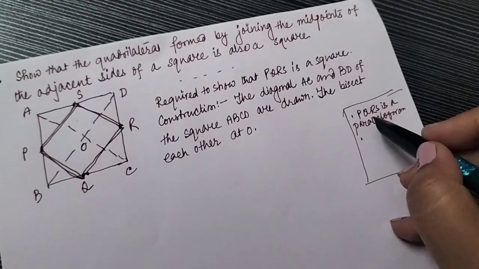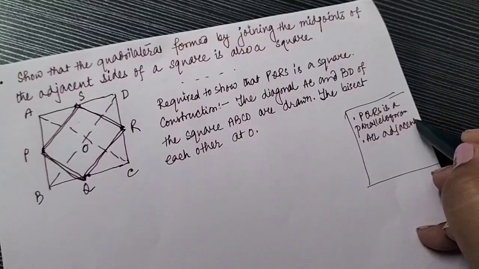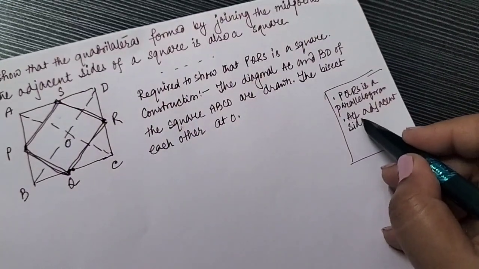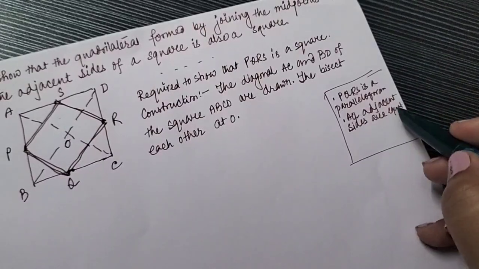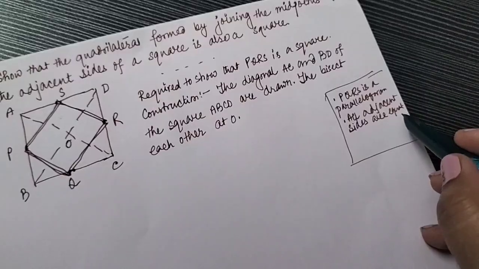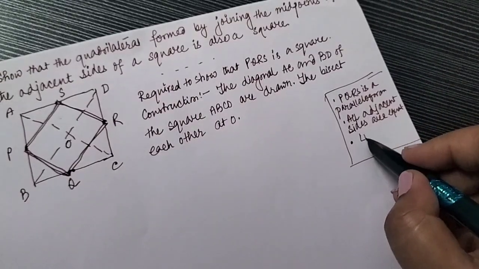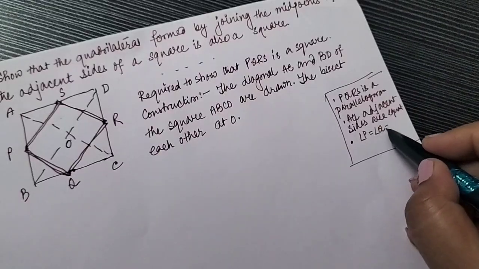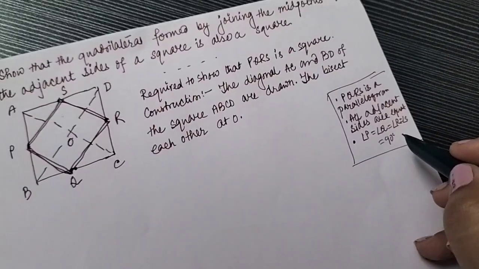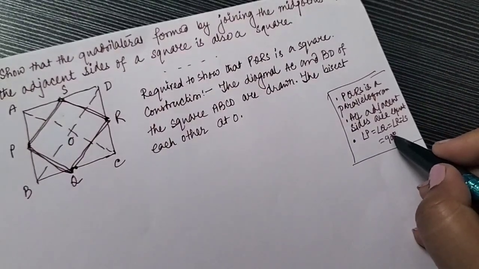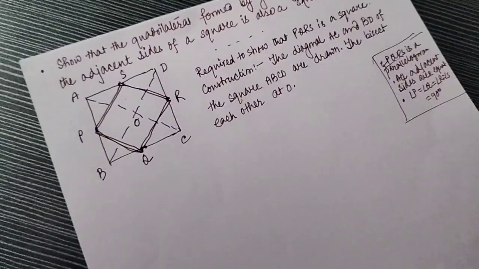Secondly, we have to show all adjacent sides are equal. But this is not enough because these two criteria are also followed by a rhombus. So now, in order to prove PQRS is a square, we have to show angle P equals angle Q equals angle R equals angle S, all the angles individually equal to 90 degrees. Okay?